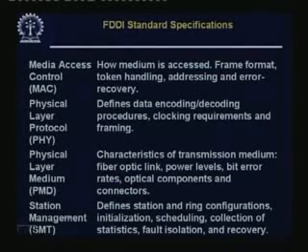And the standard also says something about station management, which defines station and ring configurations, initialization, scheduling, collection of statistics, fault isolation, and recovery from faults. Okay. As I said, recovery from faults was and still is a very strong point of FDDI, one reason why for some applications FDDI may be preferred.